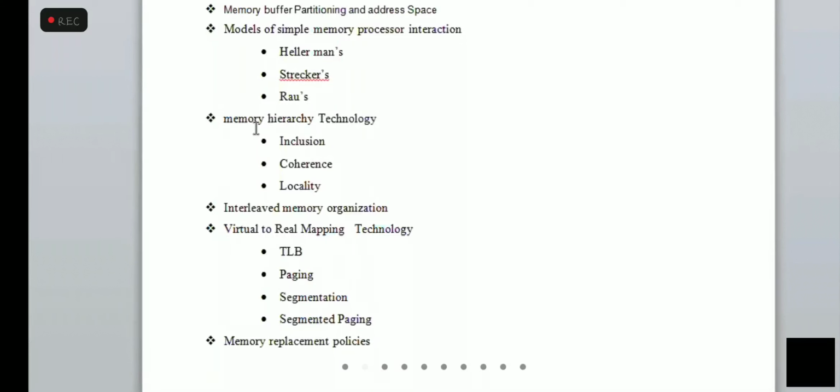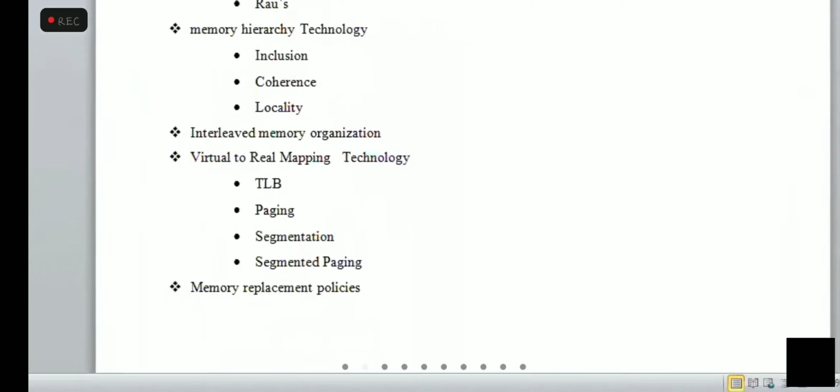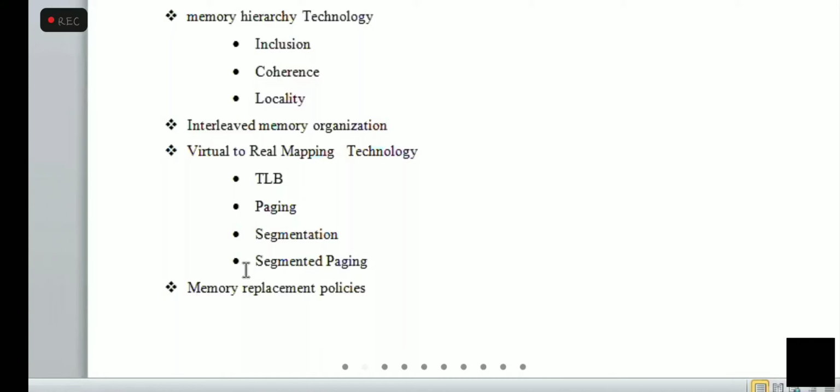In this topic we will discuss TLB, paging, segmentation, and segmented paging. On the basis of these, we will discuss some numericals also, which will cover this topic.